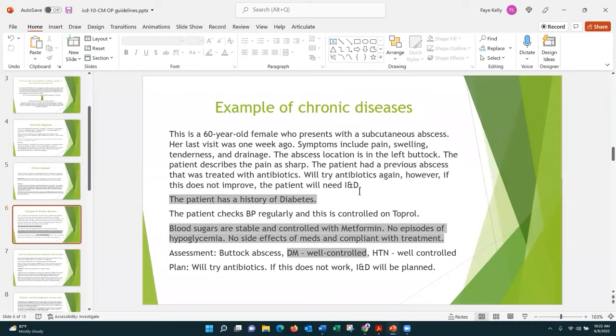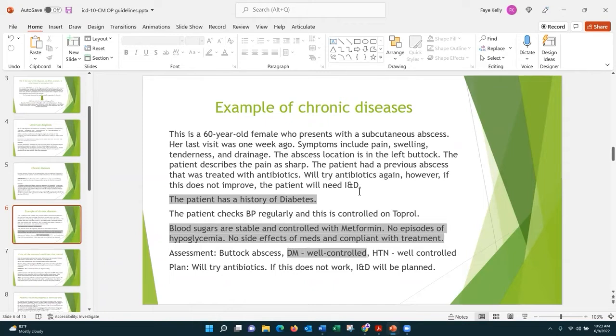No episodes of hypoglycemia, no side effects of meds, and he's compliant with his treatment. In the assessment piece on the physician form, the physician documents buttock abscess, diabetes mellitus well controlled, hypertension well controlled. His plan is to try antibiotics and then the I&D if that doesn't work.